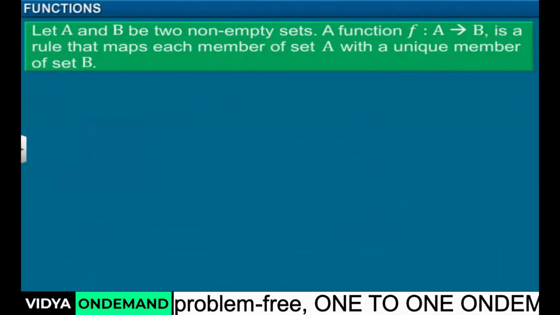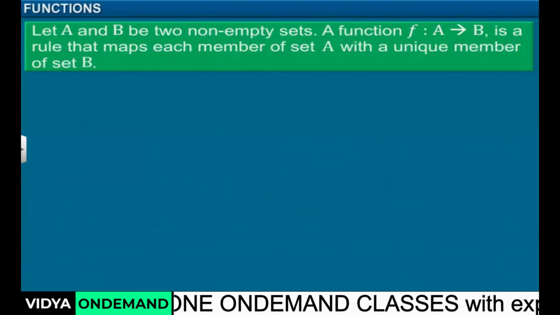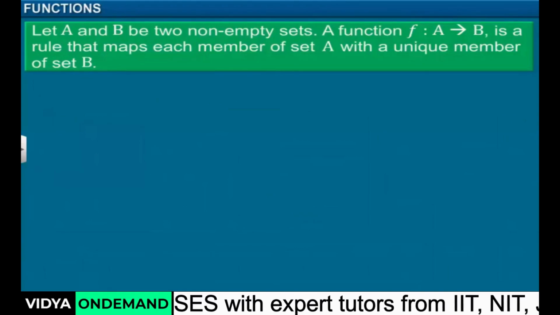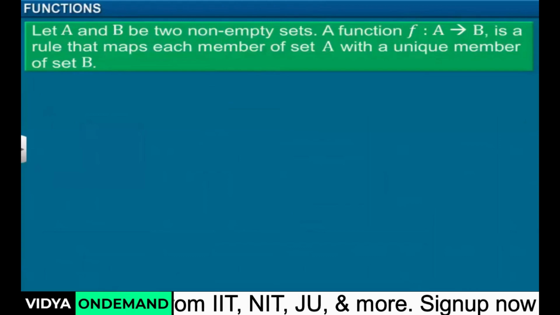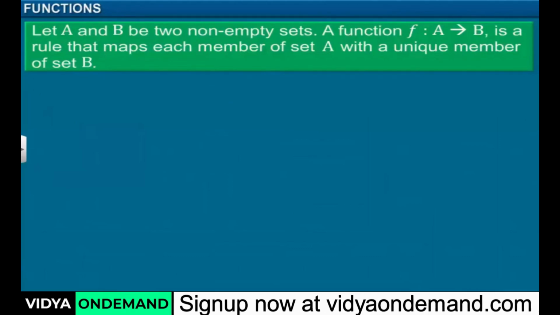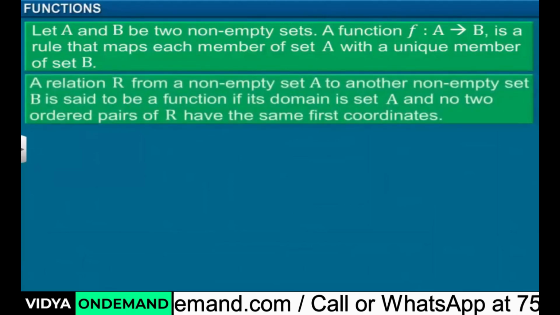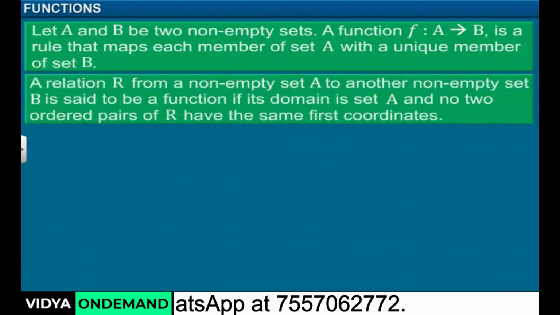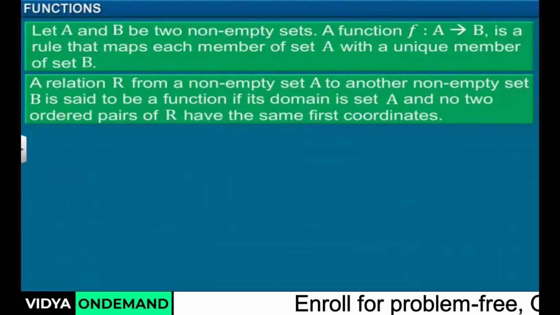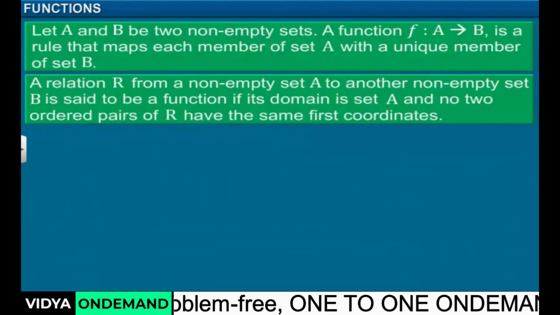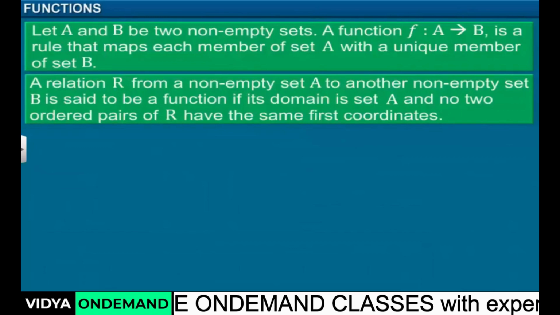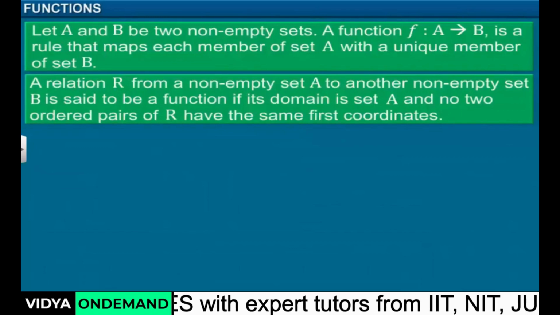A function f from A to B is a rule that maps each member of set A with a unique member of set B. In other words, a relation R from a non-empty set A to another non-empty set B is said to be a function if its domain is set A and no two ordered pairs of R have the same first coordinates.